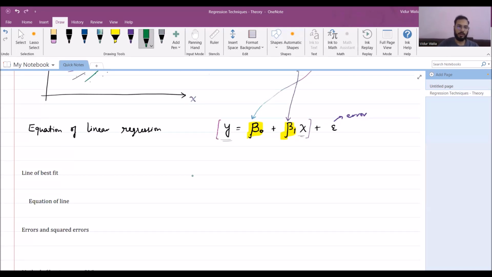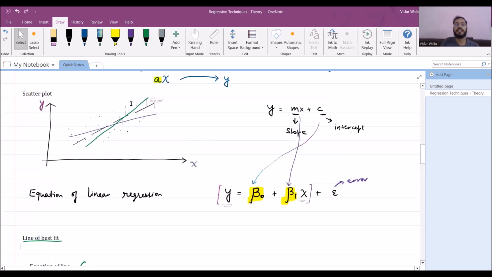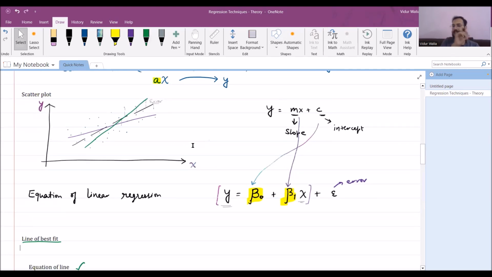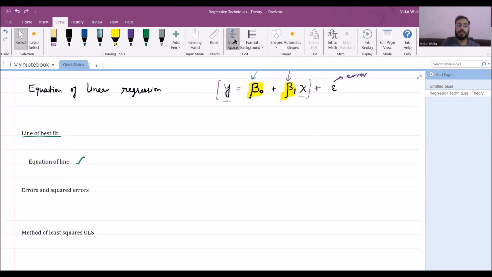We have already done the equation of a line. Let's see what the line of best fit is. Now we have already seen over here that there can be multiple lines that can be drawn over a particular data set, right? And just now we saw that this is the error term. Now our hint comes from here. What could be our motivation to find the line of best fit?